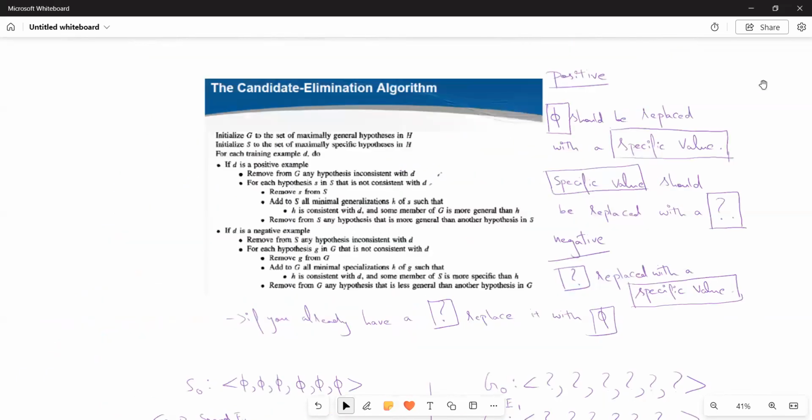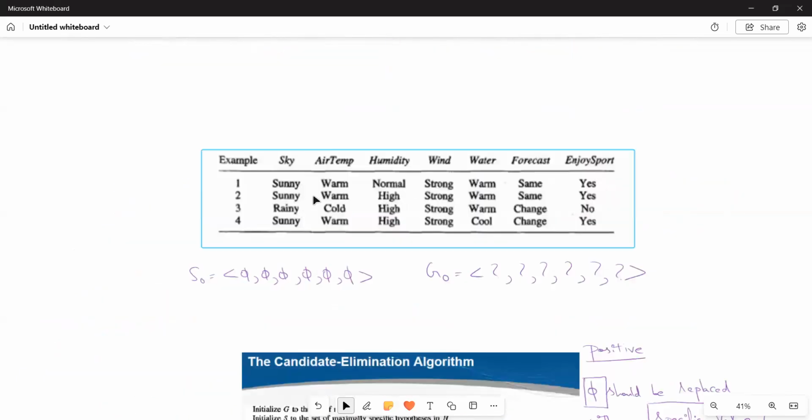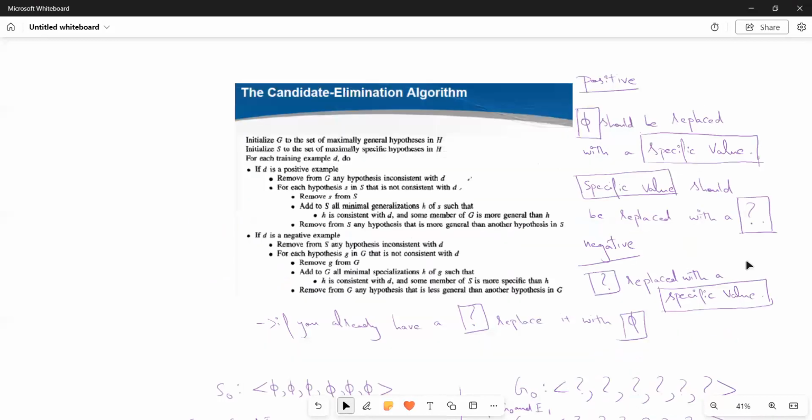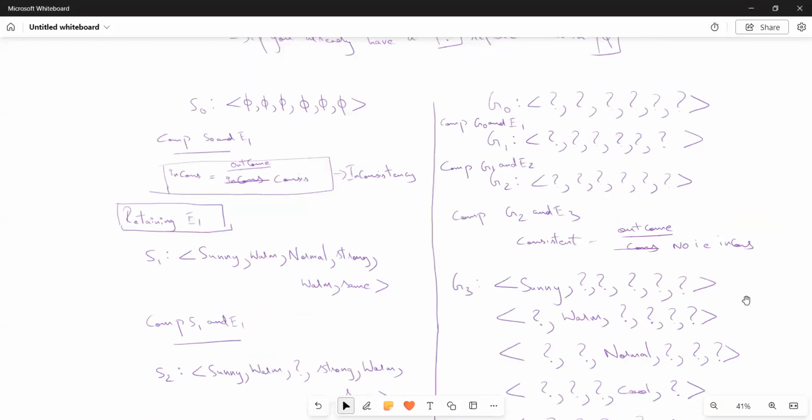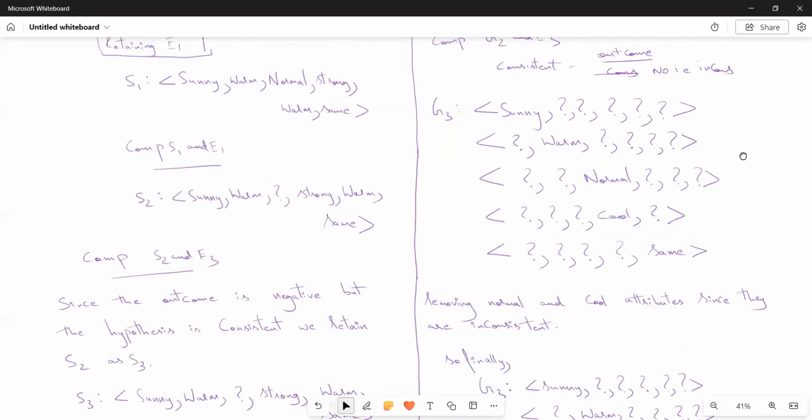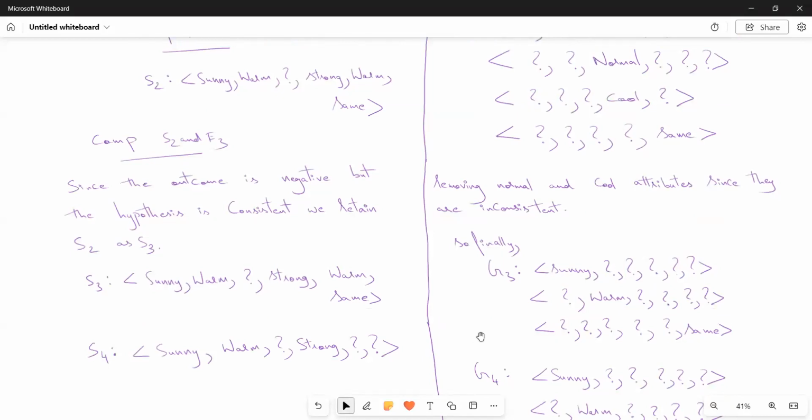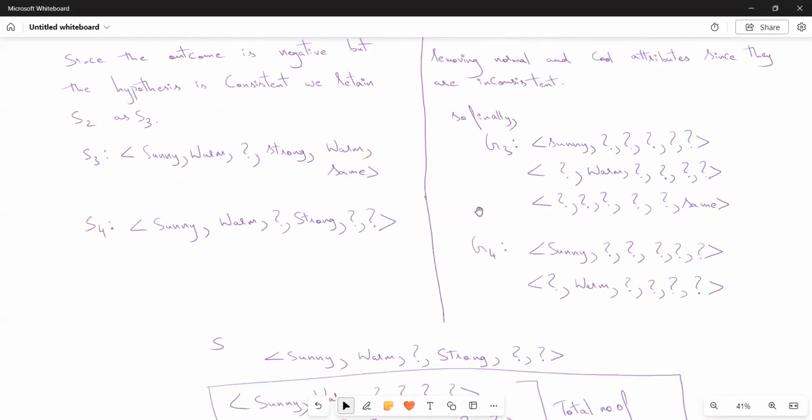For normal, it was consistent in one but inconsistent in another, which represents inconsistency, so we had to remove normal, and the same happened with cool. Then we had three attributes, and the last one was positive, so it was fine.